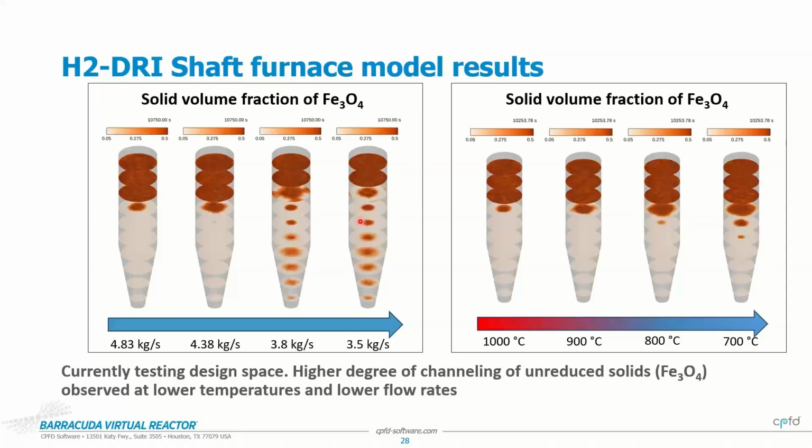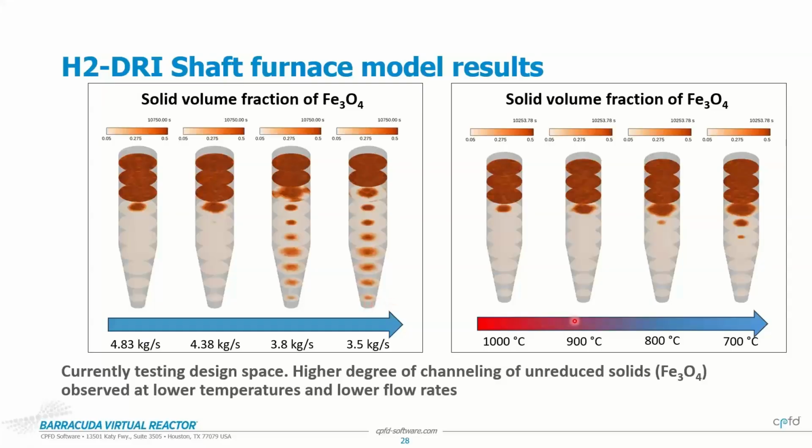So those magnetite solids, which are an intermediate species, we don't want to see them come out and basically cause impurities in the iron product being removed here. So reducing that flow rate does contribute to a drop in the performance.